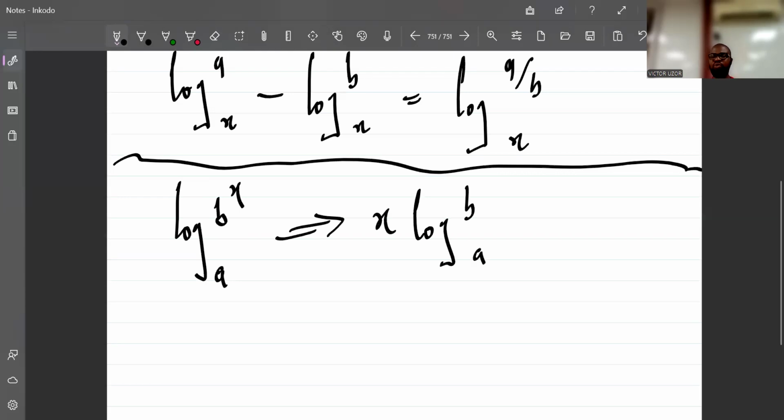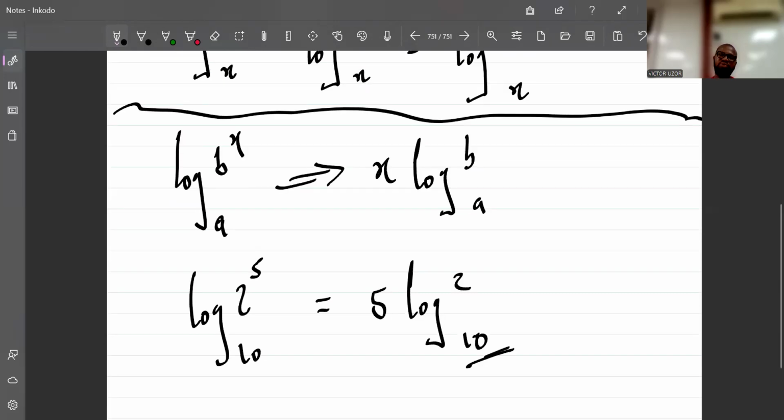The power will come forward. Example, when you have log 2 raised to power 5 base 10, it's the same thing as 5 log 2 base 10. So we get it now. We can call it the power law. But just understand how it works.